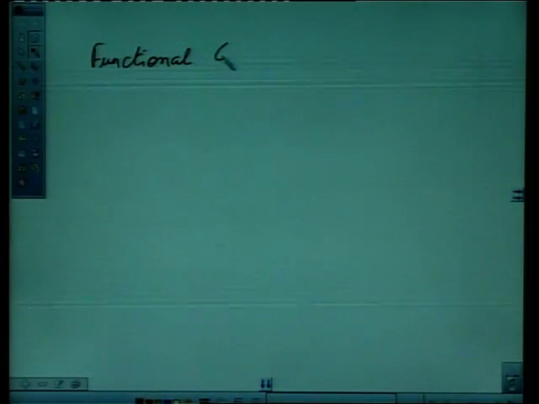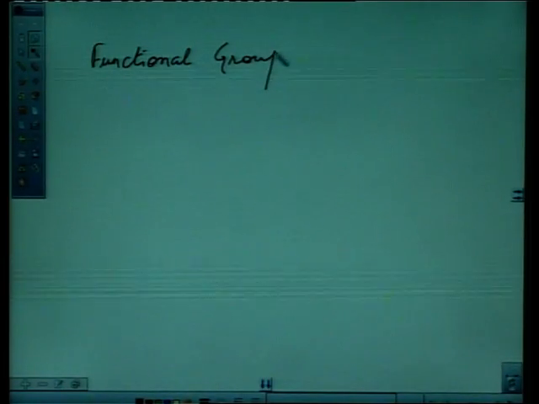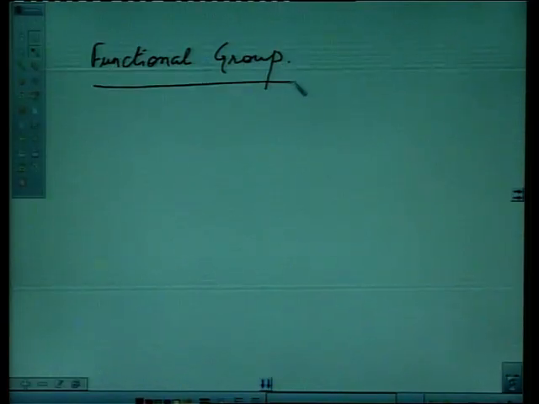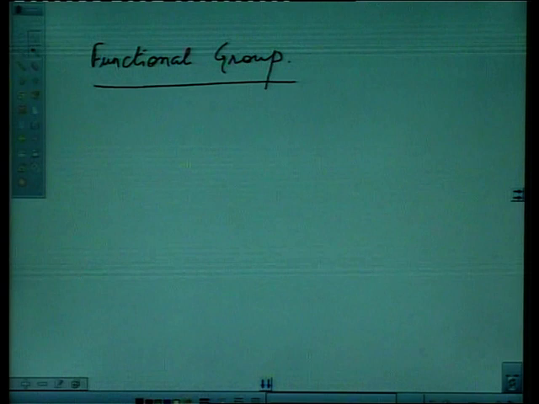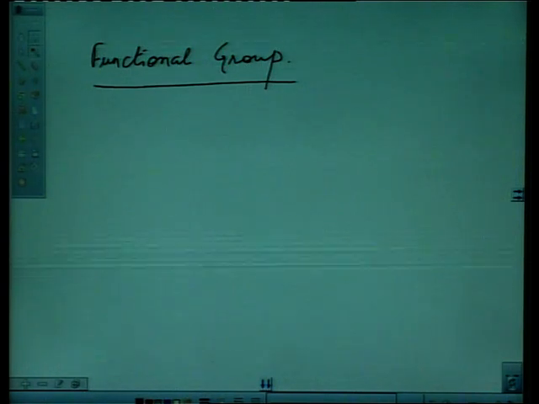So before nomenclature, I would like to discuss functional group. So functional group is an atom or group of atoms which determine the property of an organic compound.